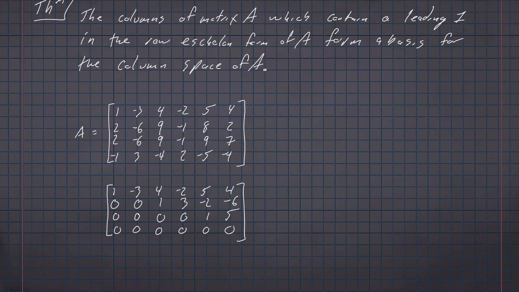So here I have matrix A, and I have, I'll call it matrix R, the row echelon form of matrix A. And we know that this had 3 leading ones.